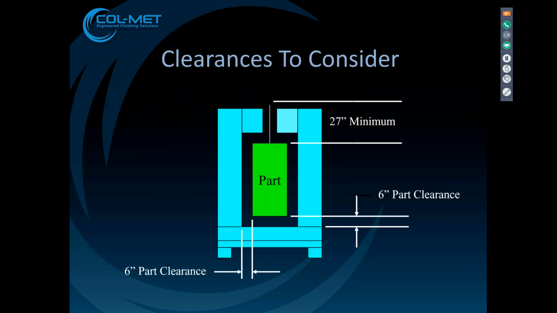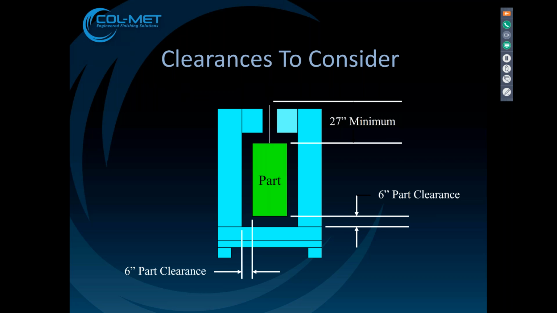So here's what we need to consider as we're hanging the part. On each side of the part, as it's going through the profile opening, whether it be a washer, a paint booth, liquid or powder, or an oven, we need to maintain a 6-inch clearance around that part from the profile opening.